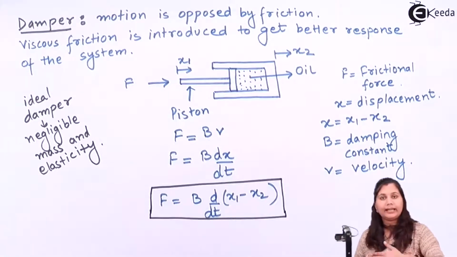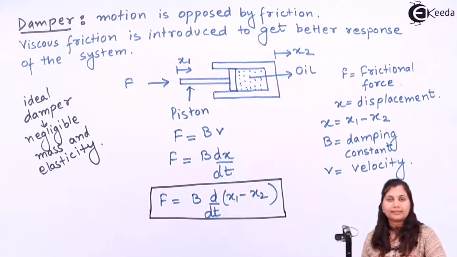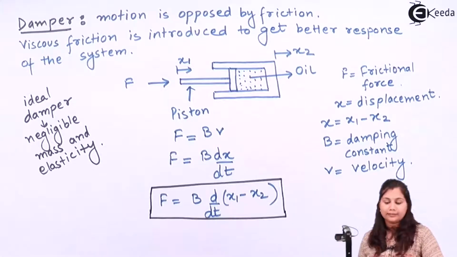So for the three elements of translational mechanical systems, that is the mass, the spring and the damper, we have found the mathematical model. Now if we want to find the mathematical model of the complete translational mechanical system, how can we do it? Let's see.